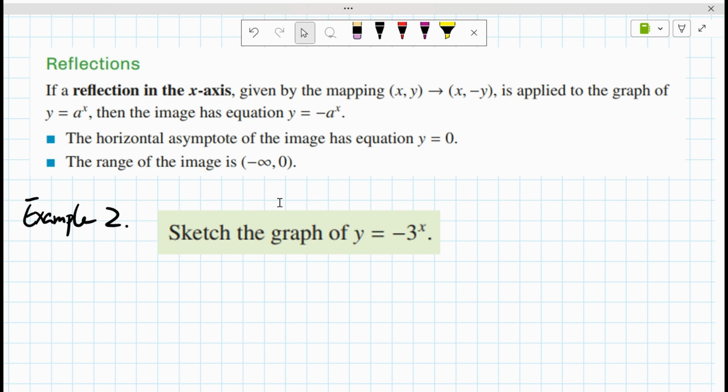Reflected in the x-axis, that's called a reflection, which means x is still x, but y becomes negative y. So a to the power x becomes negative a to the power x. After that, the horizontal asymptote is still y equals 0, and the range is from negative infinity to 0.